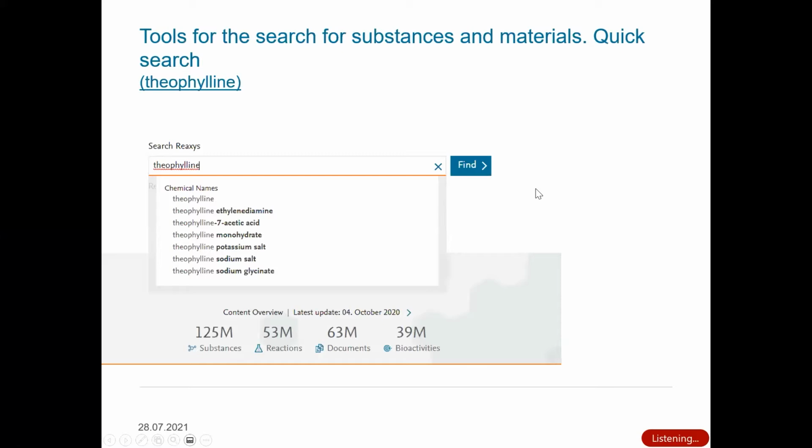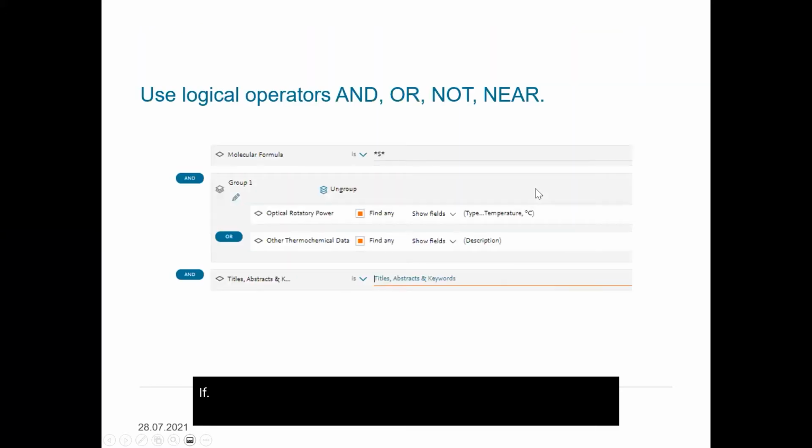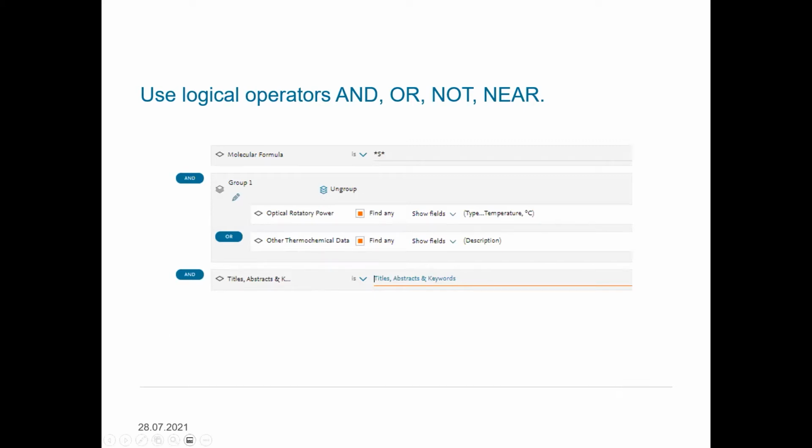We can also find some combined filters with logical operators like AND or OR to find more relevant documents. If you find too many documents in your request, you have the possibility to filter more relevant documents.